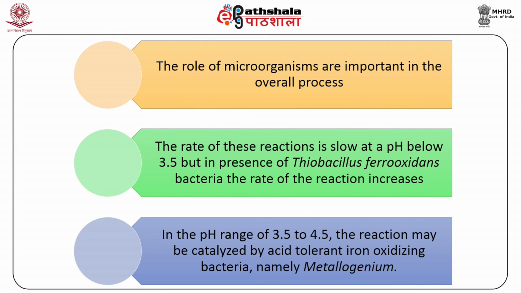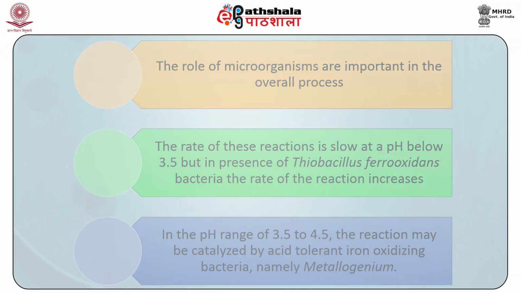The rate of these reactions is slow at a pH below 3.5, but in presence of Thiobacillus ferrooxidans bacteria, the rate of the reaction increases. In the pH range of 3.5 to 4.5, the reaction may be catalyzed by acid-tolerant iron-oxidizing bacteria.